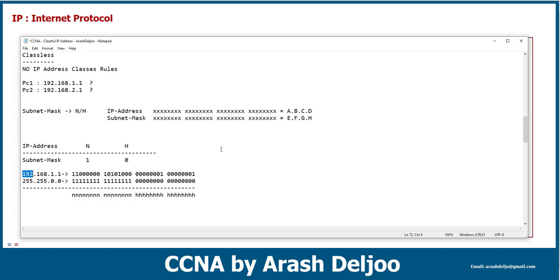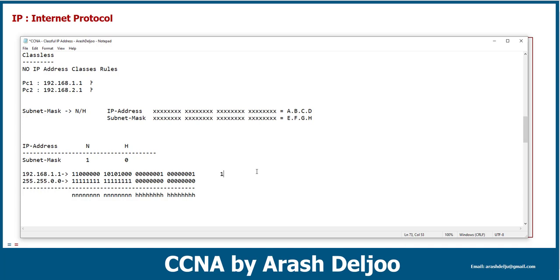Yes, I know, but here we don't obey the rules of IP address classes. We are using the subnet mask. If you configure the subnet mask, you are using classless networks, meaning we don't use the rules of classes.